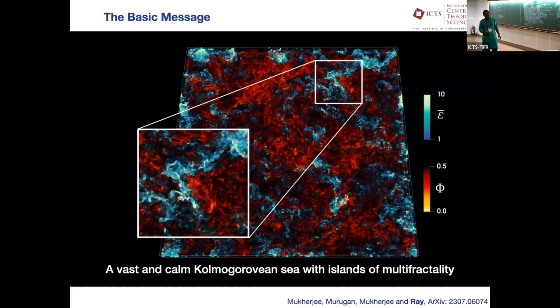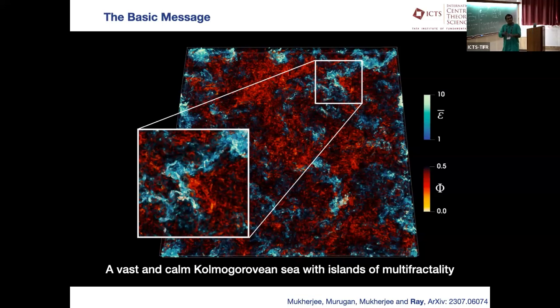All right. So just to end, for the moment I'm making a slightly provocative point. This is not to be taken very seriously, of course, but this again is a snapshot of the epsilon and the phi fields. It seems that if such a prescription is valid, with a capital IF, then most regions of the flow can be treated as Kolmogorov.